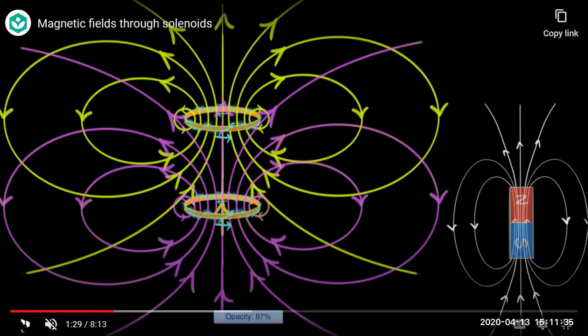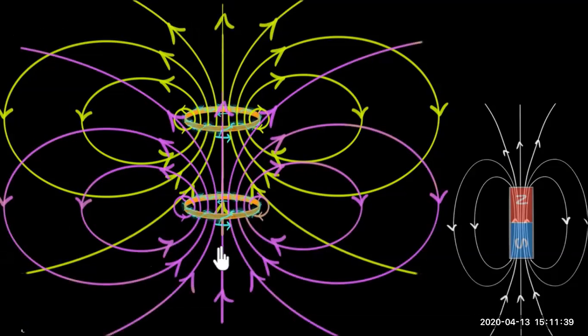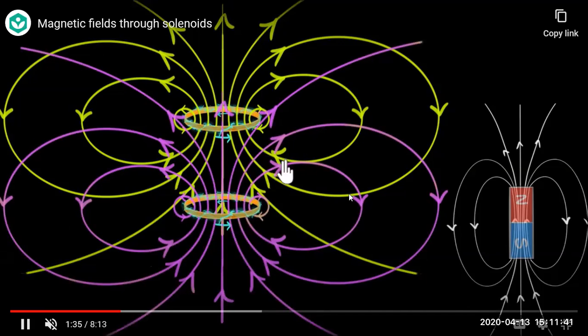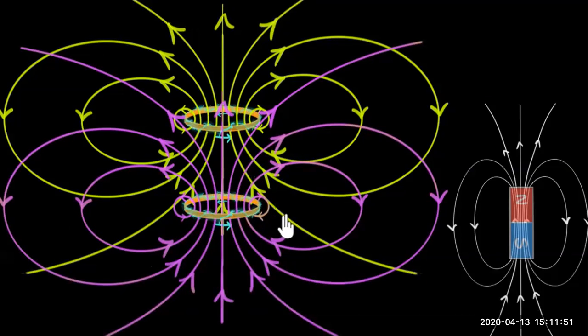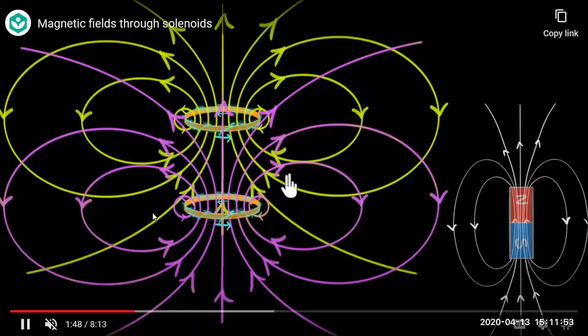But what is the most important property of magnetic field lines that we know? Can you imagine field lines crossing each other, touching each other? No, because we know that magnetic field lines never intersect. So what is going to happen?